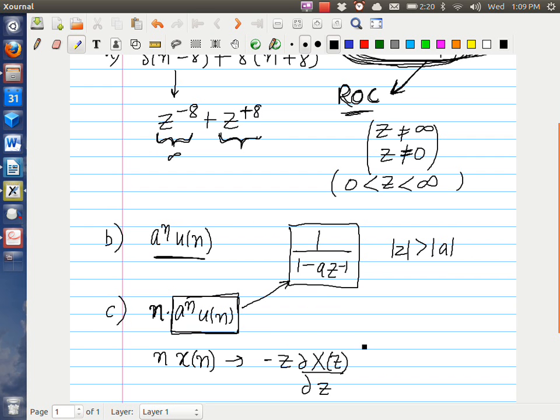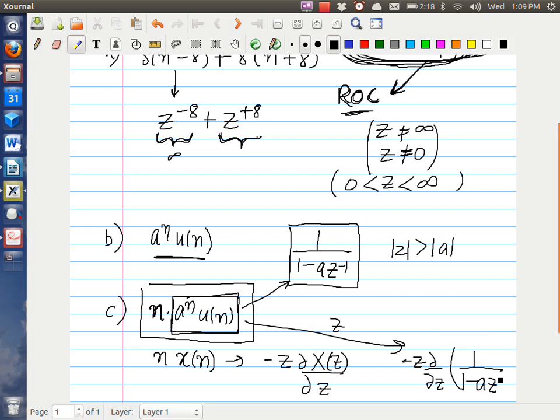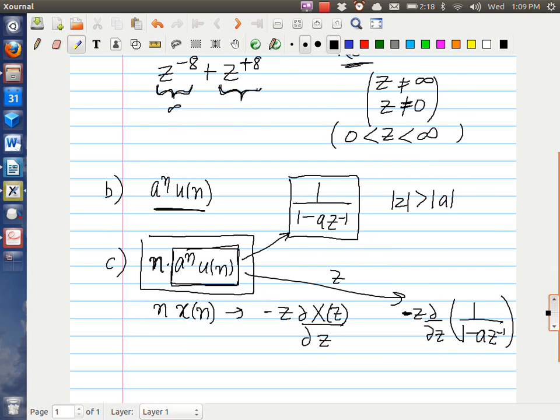So the z transform of this guy is going to be negative z times the derivative of that. And it's okay to leave it here.